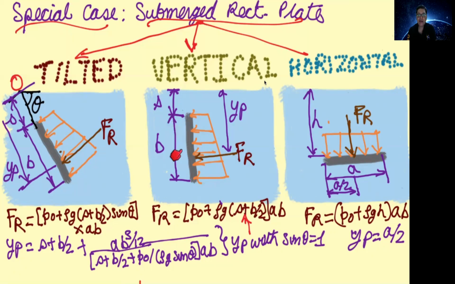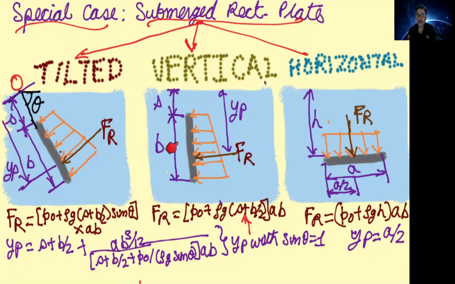As I discussed in the previous case, when we want to calculate the net hydrostatic force, where on one side you have a liquid and on the other side you have air with atmospheric pressure everywhere, then due to the atmospheric pressure, there is a hydrostatic force which is acting on the left hand side.